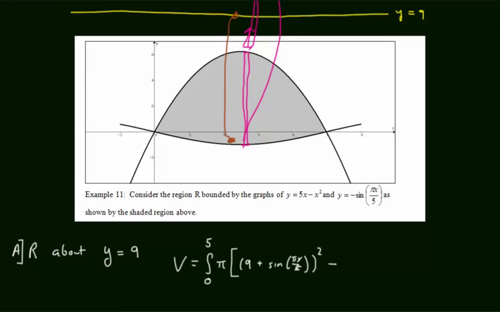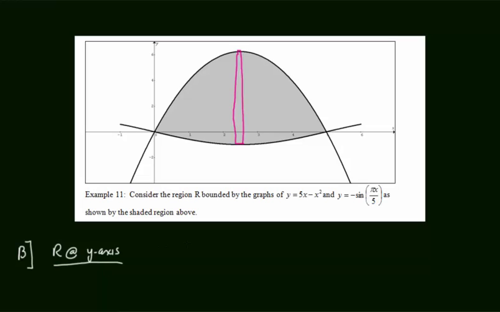Then I'm going to subtract the inner radius, which is 9 minus the parabola 5x minus x squared, and that whole thing is the inner radius, which has to get squared, and there we have it. Pi times outer radius squared minus inner radius squared, and then the thickness of the washers, dx.